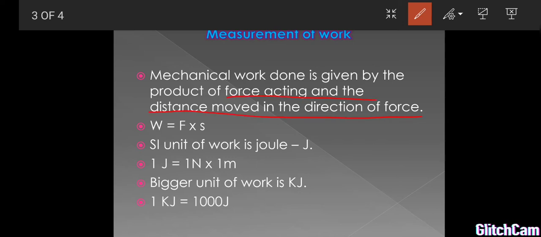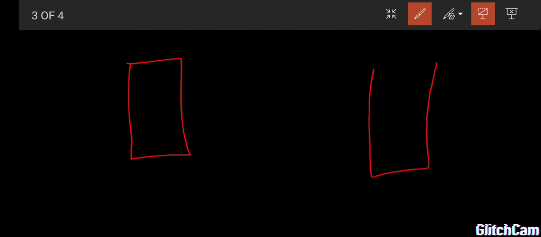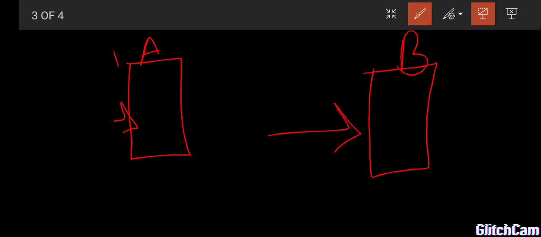To prove this, we are going to do some experiments. In this experiment, these are two identical cupboards. Here A is applying a force on this cupboard, and here B is applying a force on this cupboard. Both have an equal mass of 20 kg.